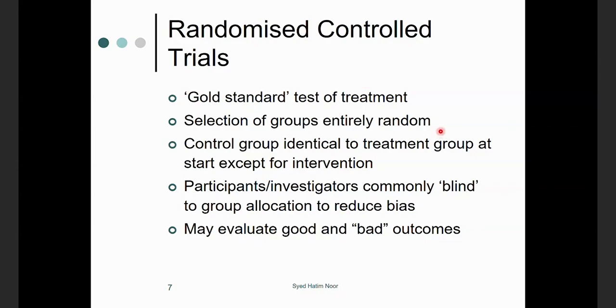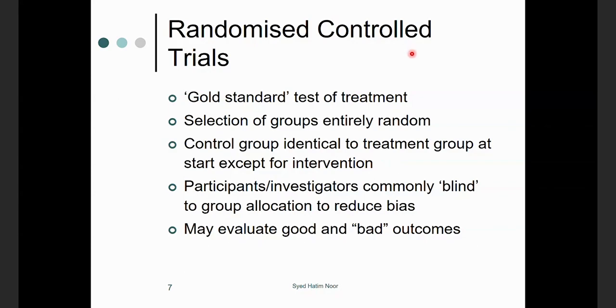Selection of groups is entirely random. That means you have the randomization element, you also have the random selection element. Control group is identical to treatment group at the start except for the intervention. Remember, because we have the control, you have the comparison group. So at baseline it must be identical, meaning there's no difference. If you compare their age, there's no difference between these two.